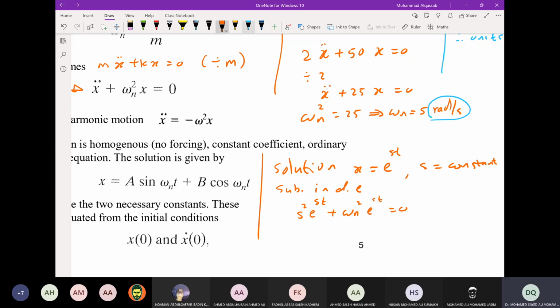So you can divide by e to power st. And this will give us that s squared equal to minus omega n squared. So you take the square root, you get s equal to plus minus i omega n. i equal to square root of minus 1, which is the complex number.